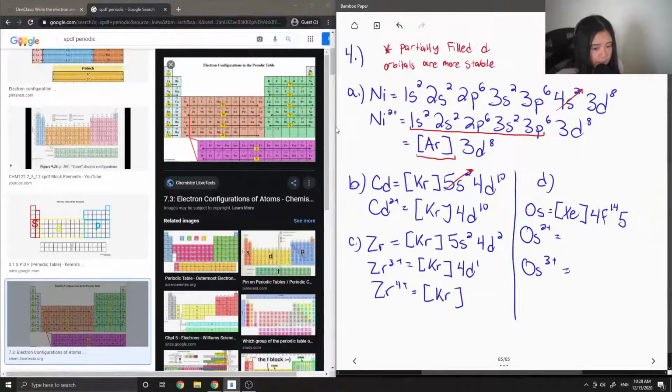Next, 5d6, and then 6s2. So I just wrote my S block last this time, just so that it's easier to show how the electrons are taken away. So if we were to take away 2 of these electrons, again, I'll be taking from the 6s2 orbital.